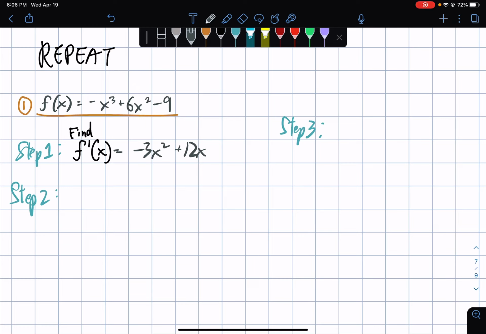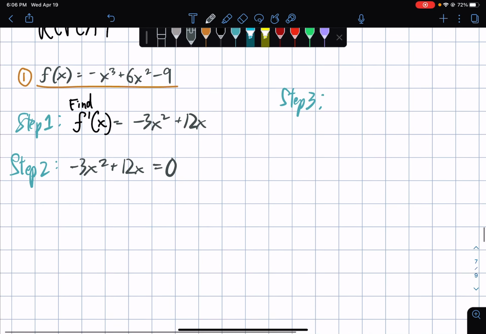And then for step 2, we have to equate the derivative to 0. So basically it should look like this. And from that, we have to solve for x.